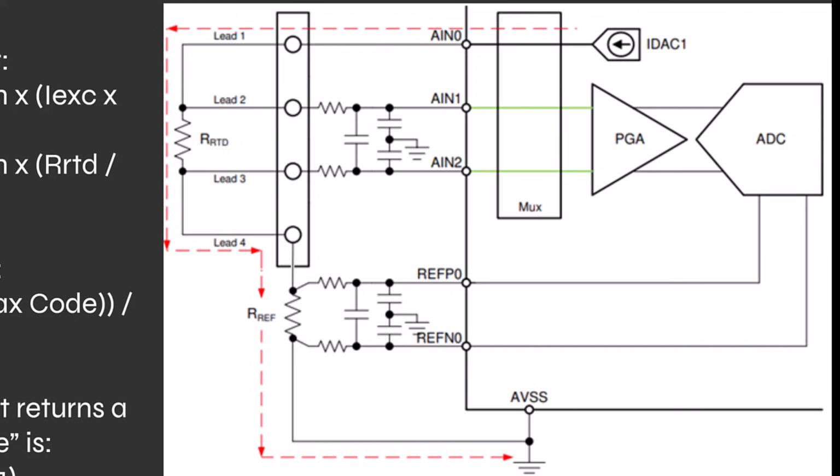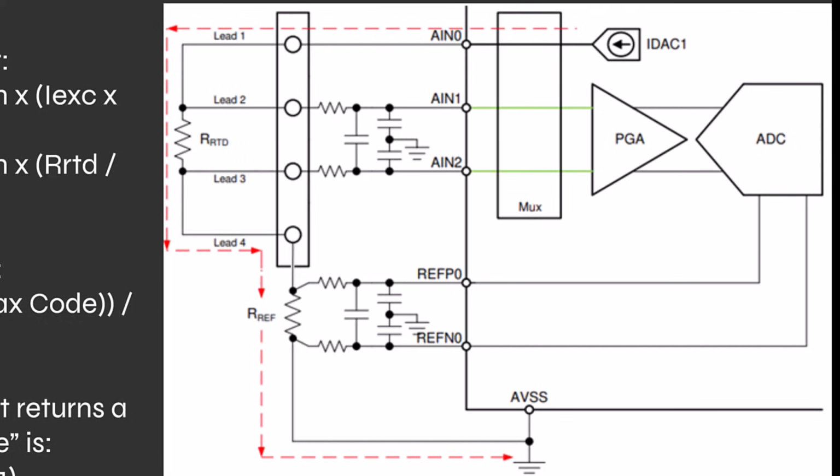Now, technically, they have some current, very little, flowing into the ADC or programmable gain amp, depending on if you're using an amplifier. But those are very high impedance inputs, so the current is very low, so we can almost just assume it's an open, right? And those resistors and capacitors they're showing there are just meant to be filters.